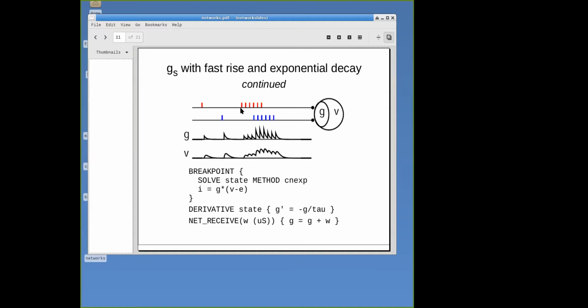If we now say we have 3 events on the weaker stream coming in, we see appropriate temporal summation of the synaptic conductances due to these 3 activations.